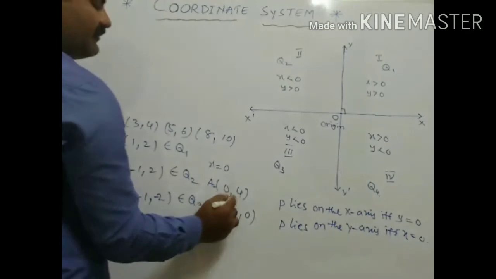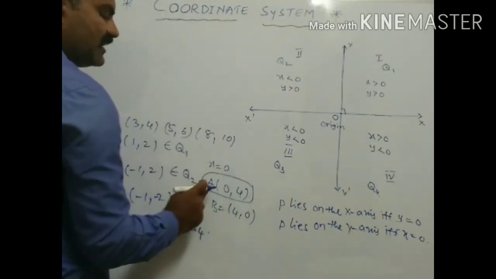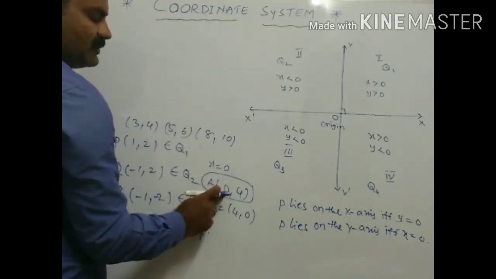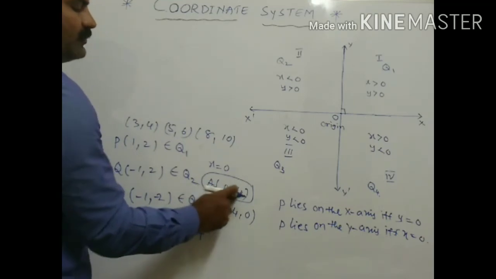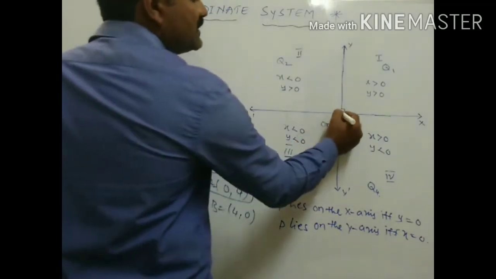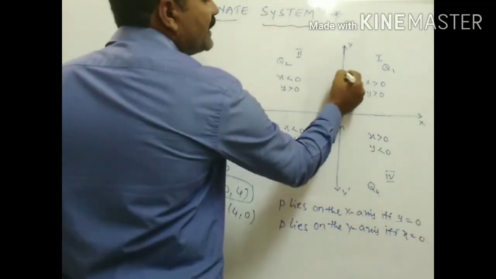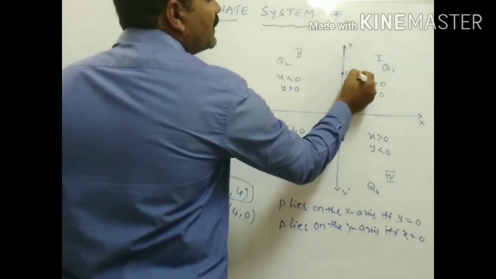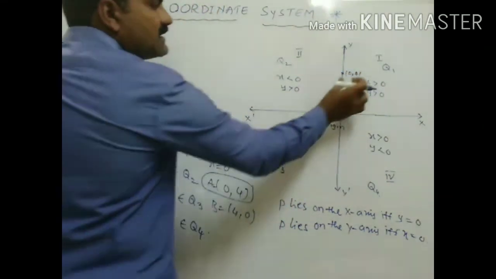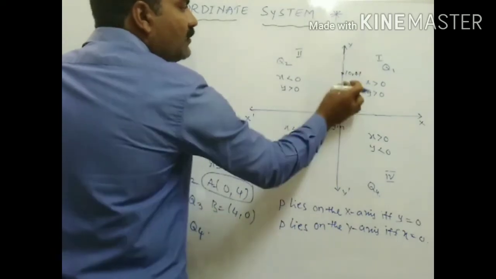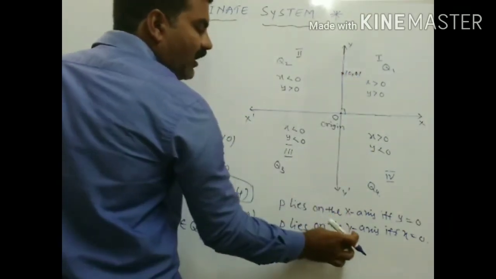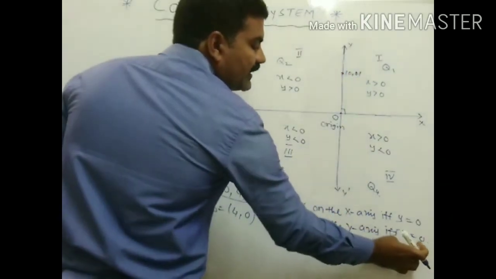So look here. For example, in the case of capital A, the x coordinate is 0. If you look at 0 comma 4, x is 0 and y is somewhere here, 4. Hence 0 comma 4 is a point on the y-axis, because its x coordinate is 0.